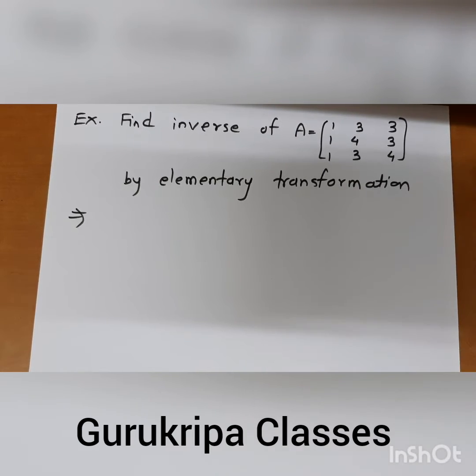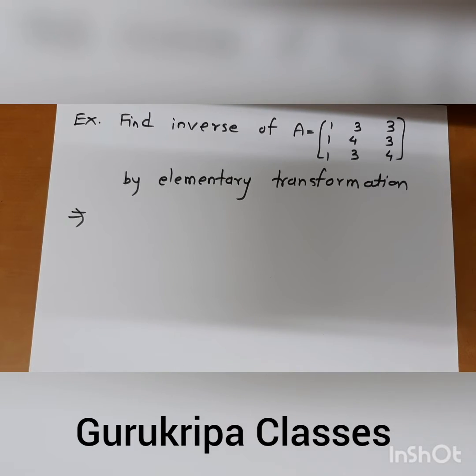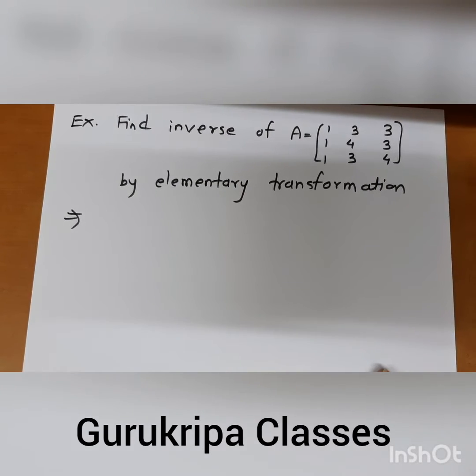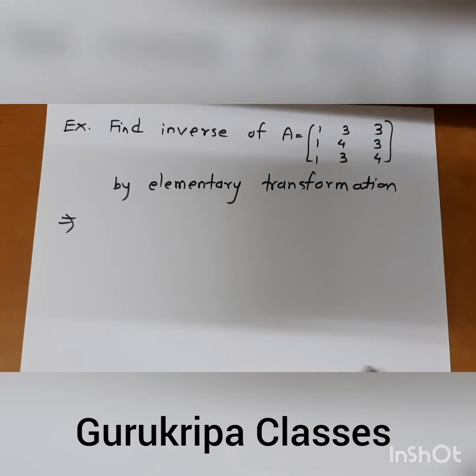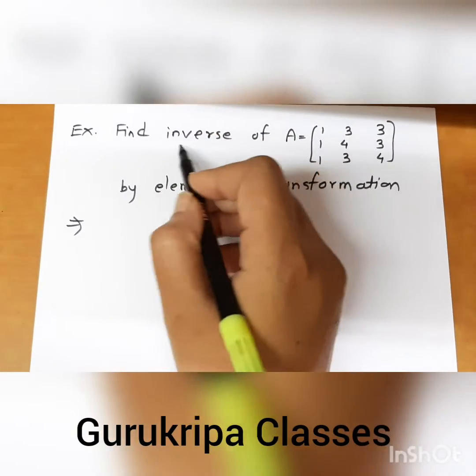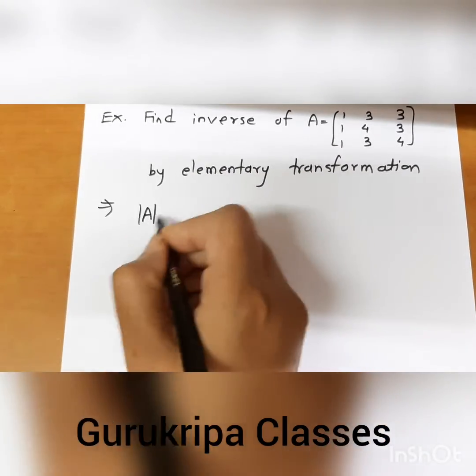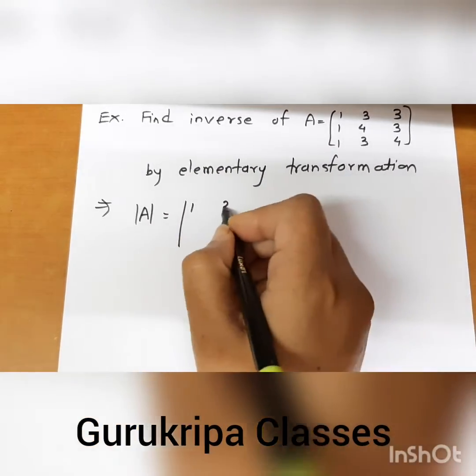See the example. We have a given matrix A: 1 3 3, 1 4 3, 1 3 4. We have to solve this using the elementary transformation method. For any type of inverse, first we have to take the determinant of the given matrix.